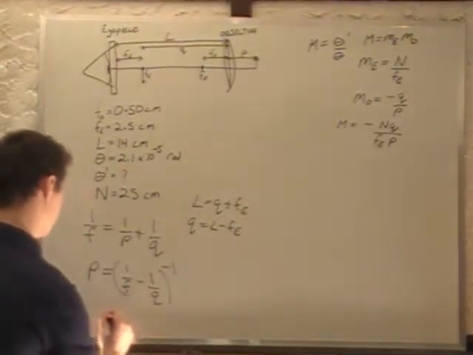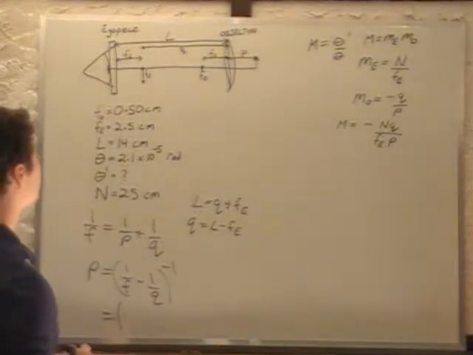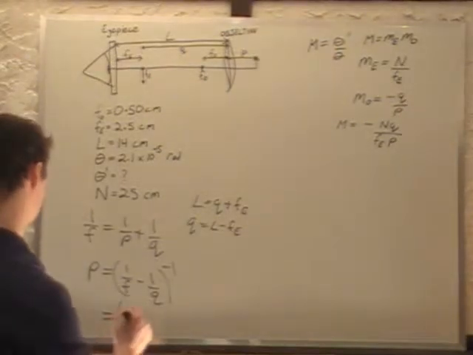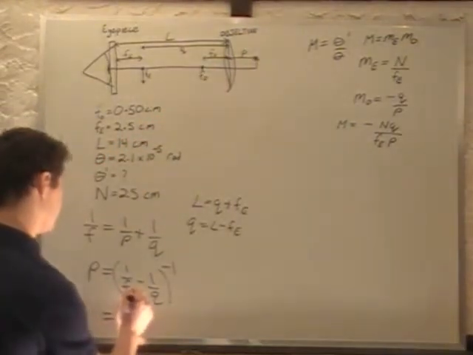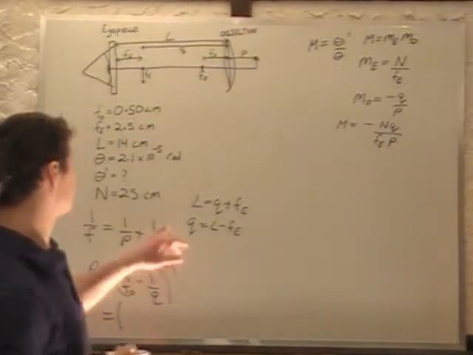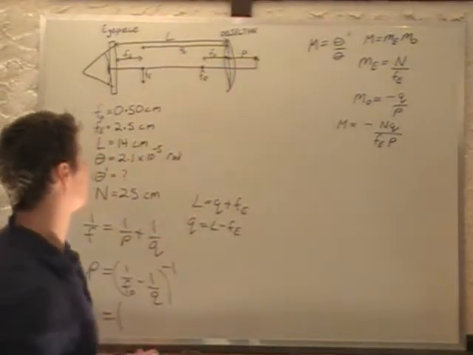So I plug everything I need in here. The 1 over F is the focal length of your objective. Make that clear: this is your objective focal length, because P for this is Q for this lens.